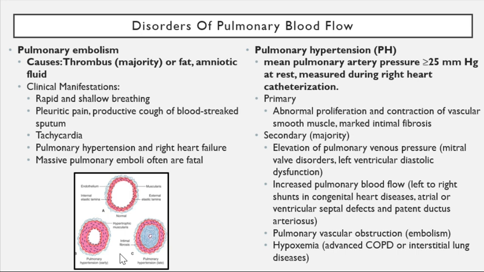We've talked about this pretty extensively already, where we have pulmonary blood flow. Now we're looking at the actual blood flow through the lungs. As with peripheral artery diseases, anything that clogs that blood flow is going to be a problem.